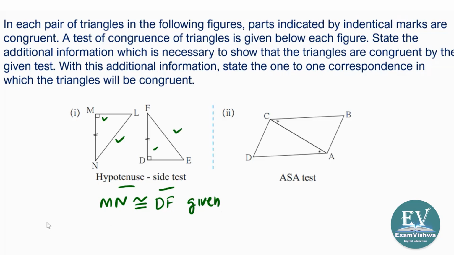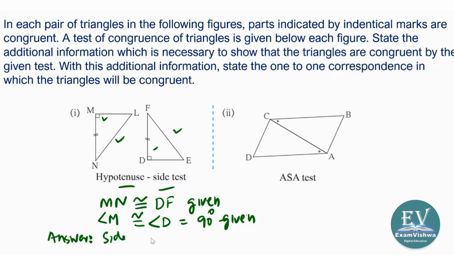And angle M is congruent to angle D, equal to 90 degrees, is given. I am writing it for you. But what is not given is, this is the answer: side LN, which is the hypotenuse, congruent to side EF.